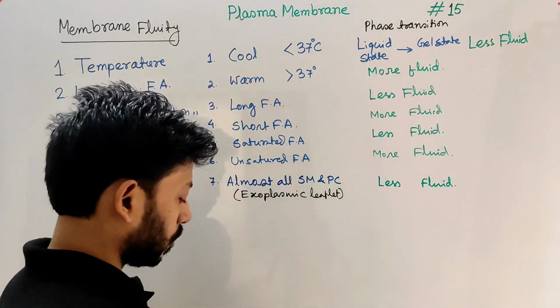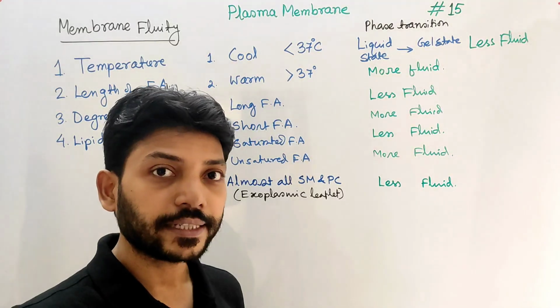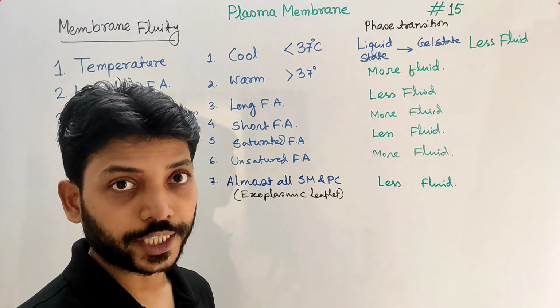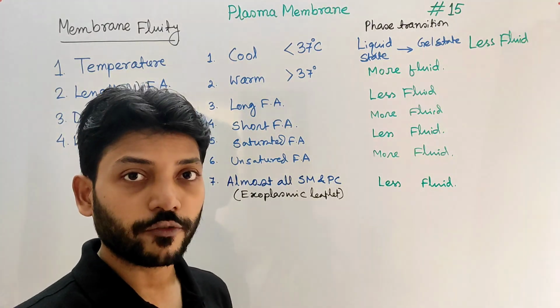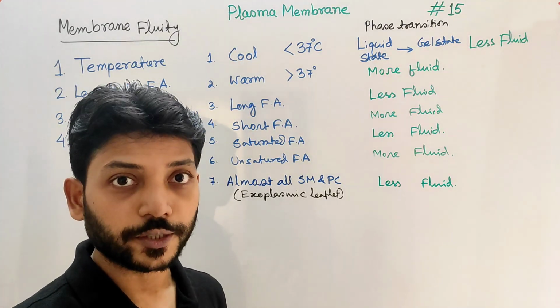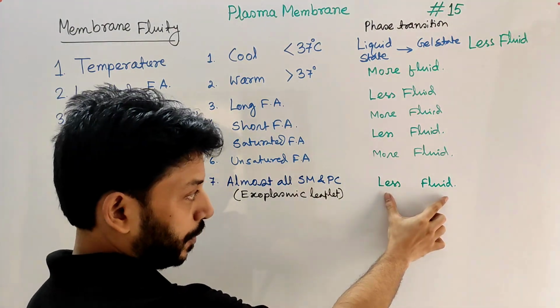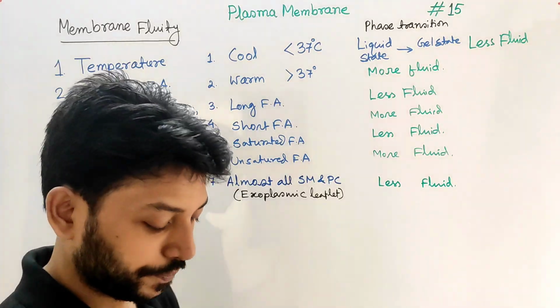Why? Because the fatty acid chain present in sphingomyelin is long and more saturated than in other phosphoglycerides. That's why it can make extensive van der Waals interactions with the neighboring lipid molecules. So it makes the lipid layer, especially the exoplasmic leaflet, less fluid.